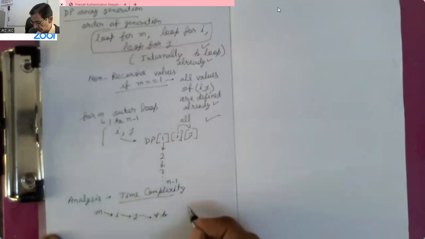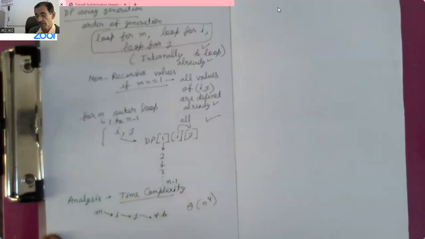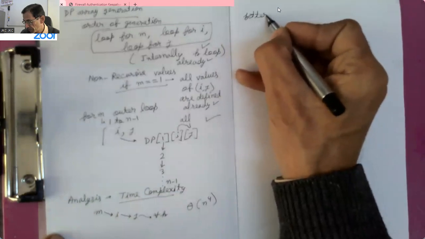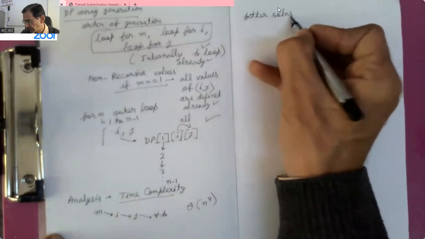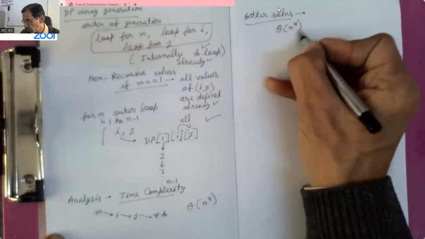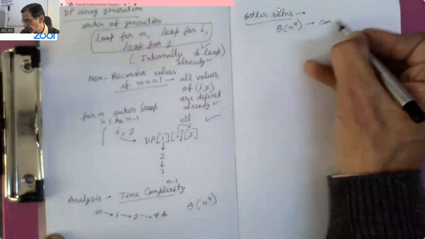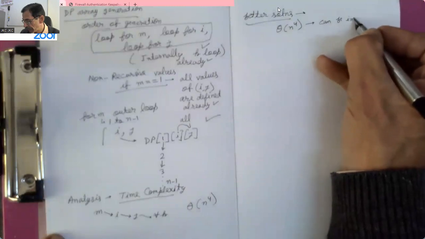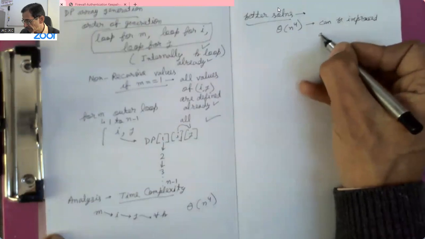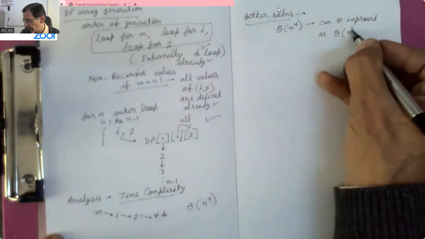So that effectively means theta of n to the 4. Of course, better algorithms or better solutions are possible. Once you study in more detail, this theta of n to the 4 algorithm can be improved with a small trick applied, and it will become theta of n cubed log n.